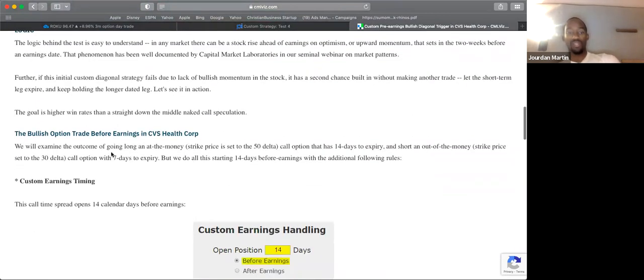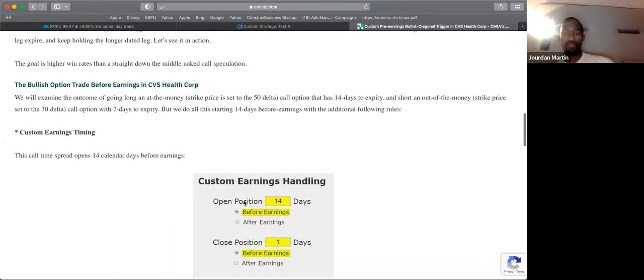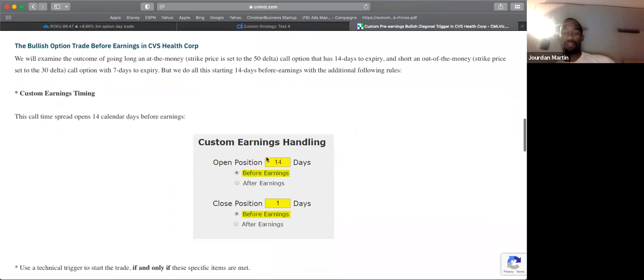And so what it's telling you is it's going to show you what would have happened if you bought an out of the money or at the money 50 delta call option, 14 days to expiration, and you sold an out of the money 30 delta call with 7 days. All right, so you're setting up a diagonal spread here. And this is going to be 14 days before earnings. Okay, and that's it. All right, so here's the information.